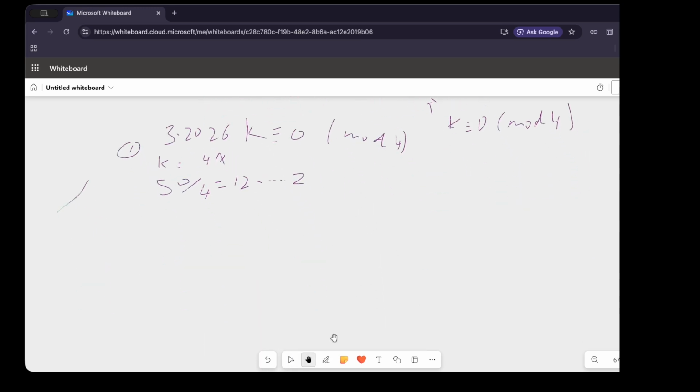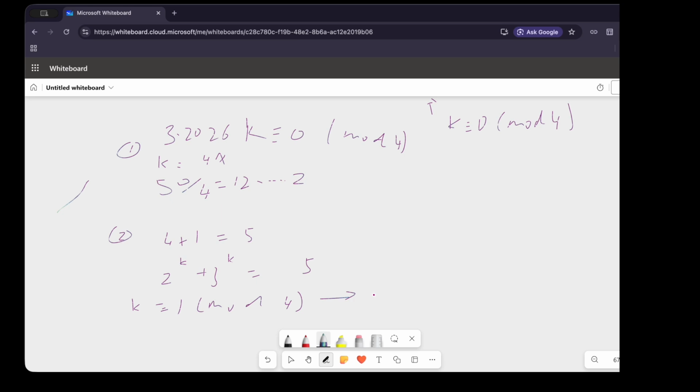And now we come to our second case, which is 4 plus 1 equals 5. For 2^k plus 3^k, if we want a unit digit of 5, we have to let k be congruent to 1 modulo 4.